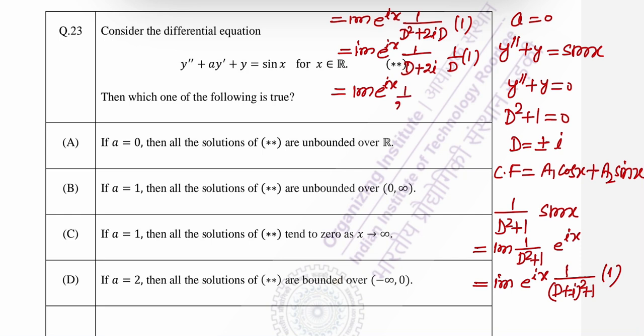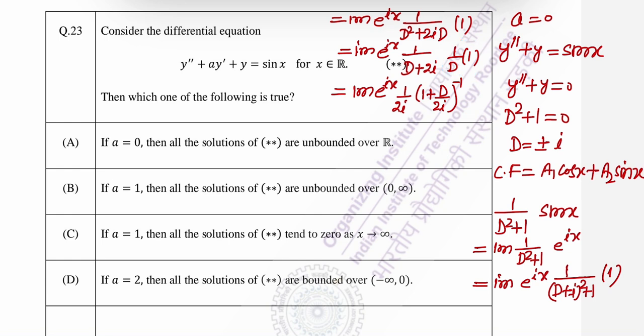So the next step will be the imaginary part of e to the power ix, and here we can write 1 by 2i. The next we can take common: at the place of D plus 2i it will be 1 plus D by 2i to the power minus 1, and 1 by D into 1 means integration of 1, so it will be x.